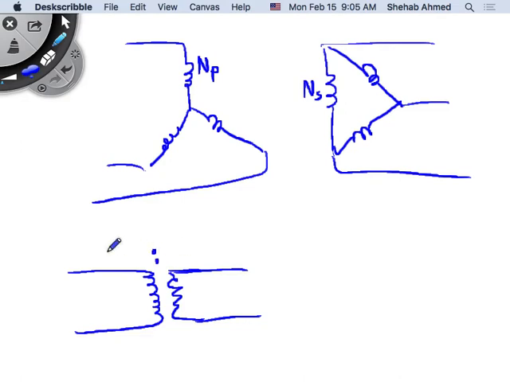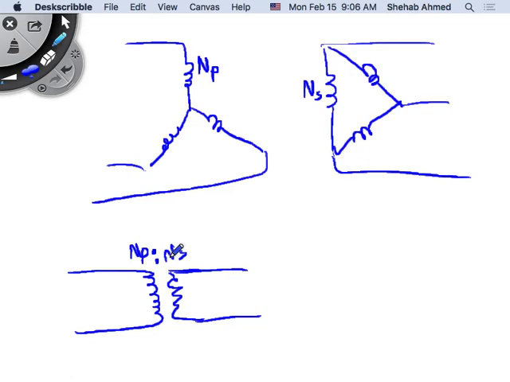If it was a star-star or a delta-delta transformer, how do I draw my single phase equivalent circuit? I would just put NP, NS. That's if it was a star-star or a delta-delta, right? Because the voltages are in phase.